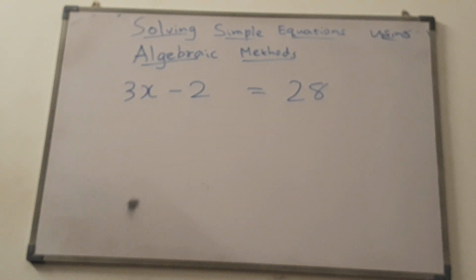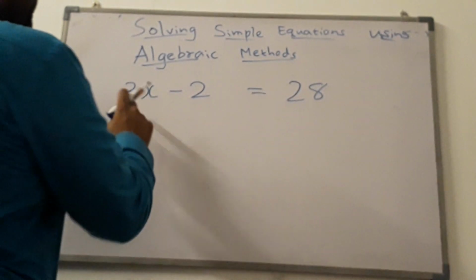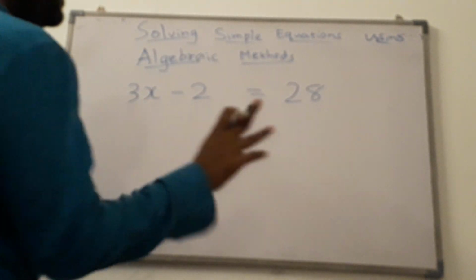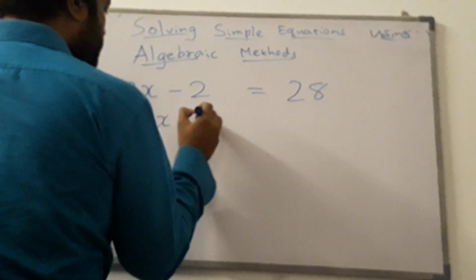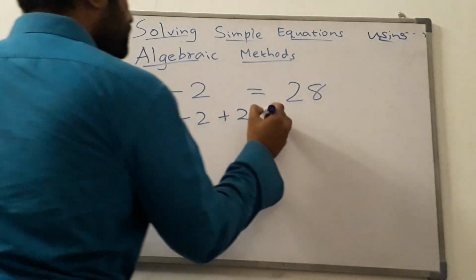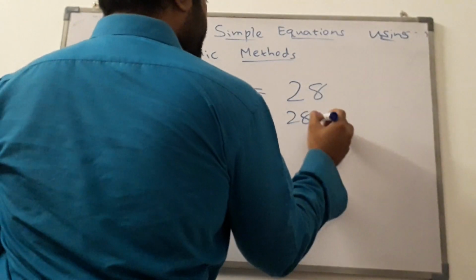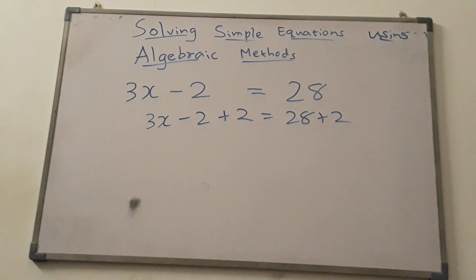So first of all, we don't want to divide this by 3. Then you are in trouble. First of all, we have to remove this minus 2. First step is removing minus 2. So it will be 3x minus 2 plus 2 equals 28 plus 2.